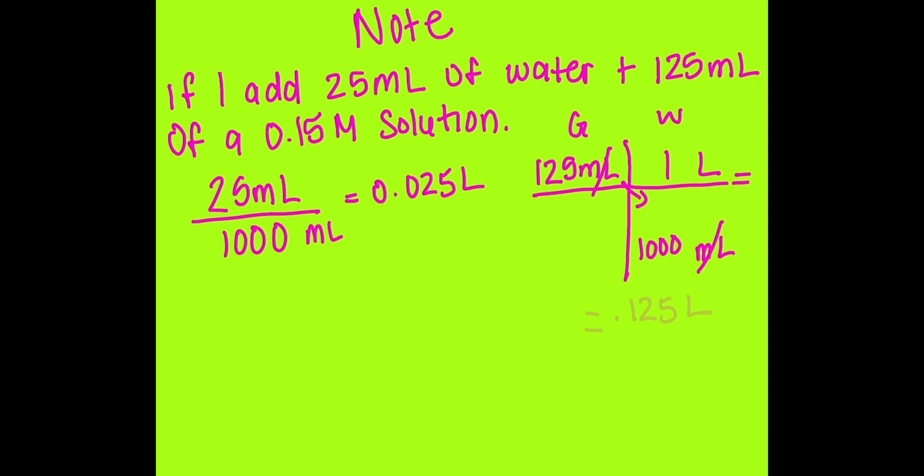This is just for your visual if you are in my class, so it can make sense to you. And then you do the same thing: you take the 125, you divide it by 1,000, and that gives you 0.125 liters. So this is important to note when it comes to converting between milliliters and liters when you have problems that do not give you the volume in liters immediately. I hope that helps, and I will see you in the next video.